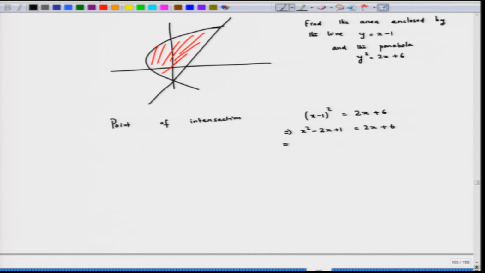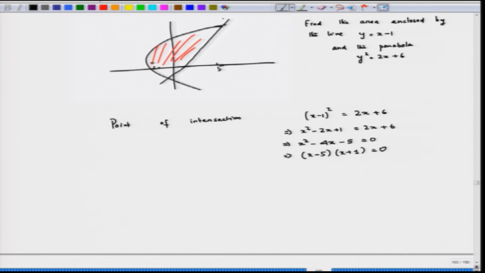So, this will imply x square minus 4x minus 5 is equal to 0, so x minus 5 into x plus 1.